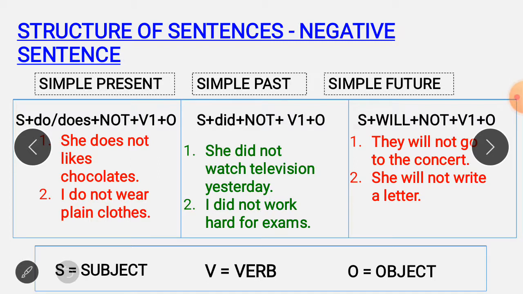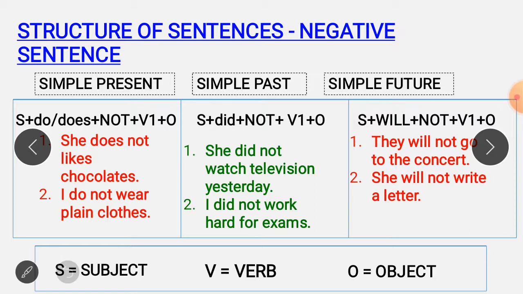Simple past. The structure for simple past in negative sentences is subject plus did plus not plus the verb, and when we use negative sentences in simple past, the verb will always be in its first form. Okay, don't forget this because it's very important. Few children make mistakes in this.